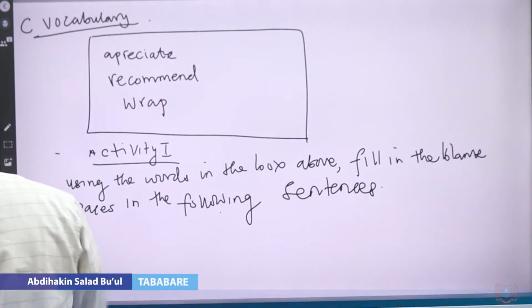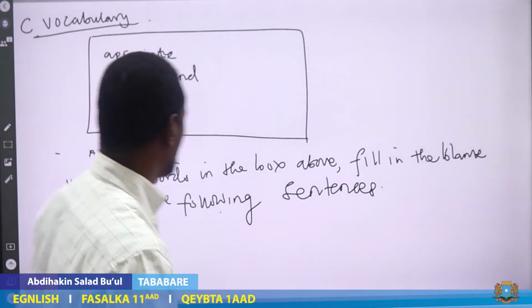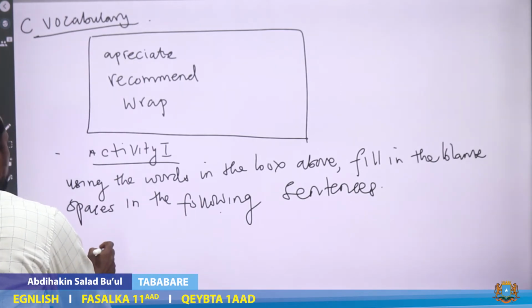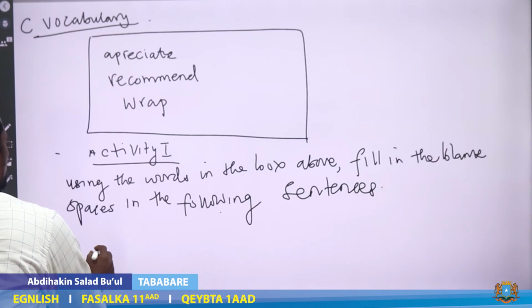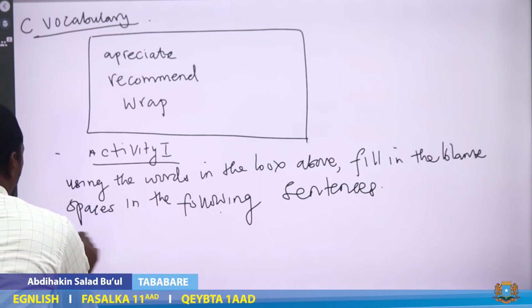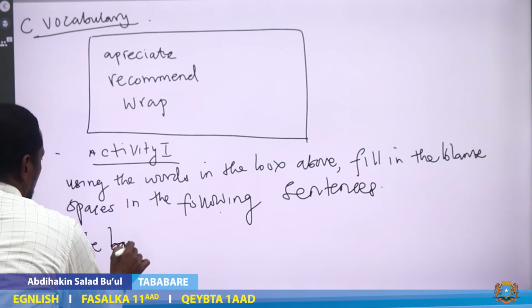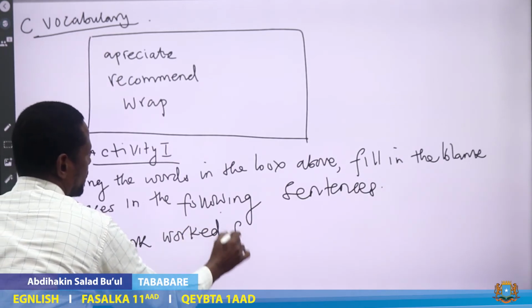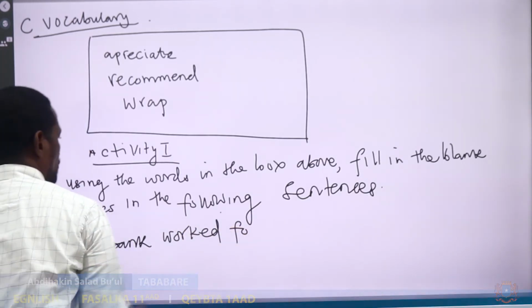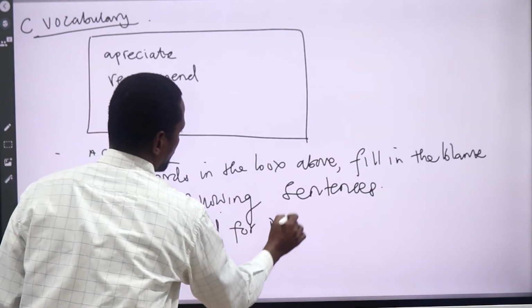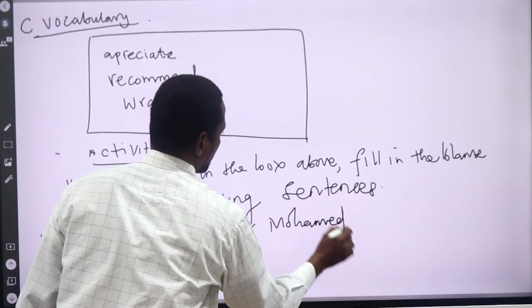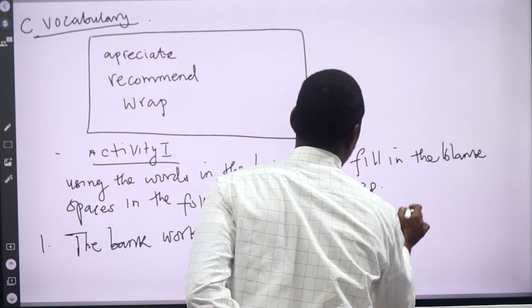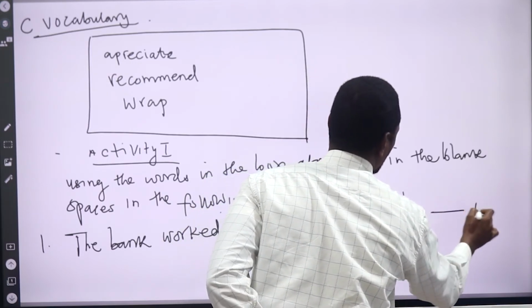And this could be one of the sentences. Now look. The bank worked for Muhammad and he dash it.